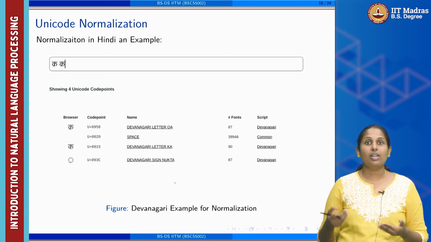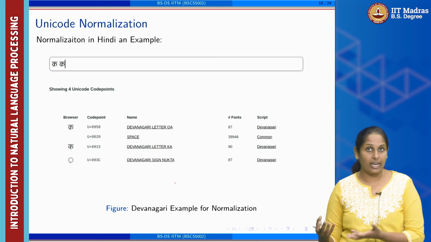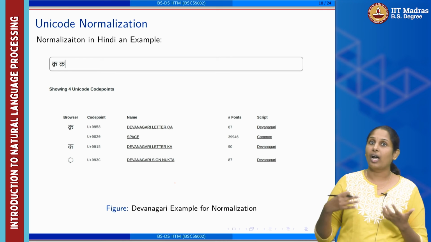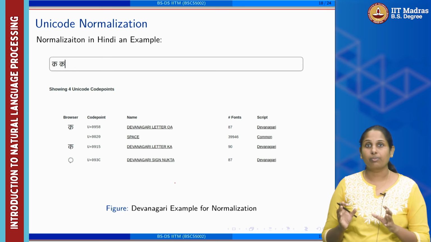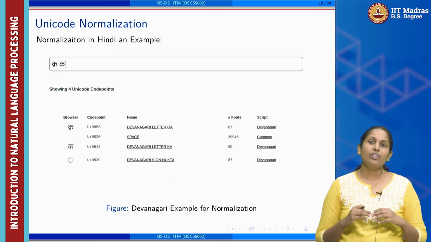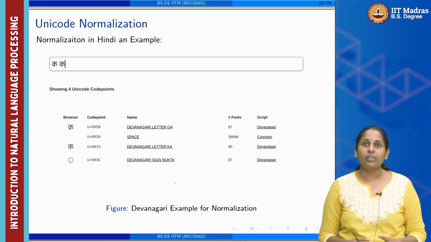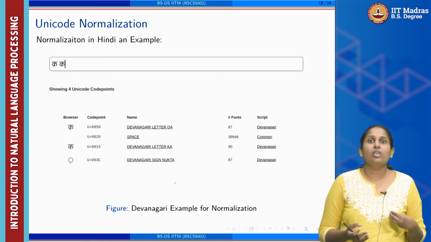Similarly, Odia has another script, Bengali has its own script, Punjabi has Gurmukhi, and Santali has Ol Chiki. So we have different kinds of writing systems in India.